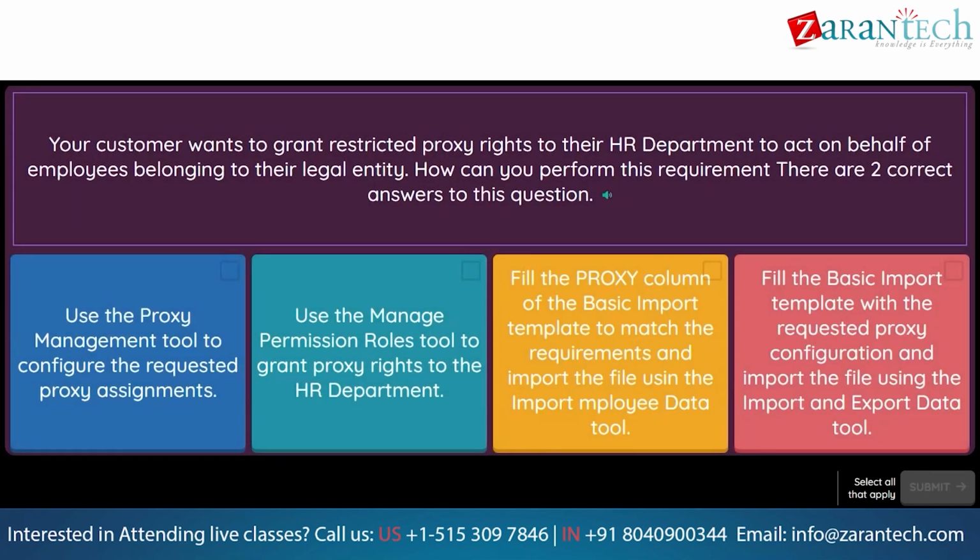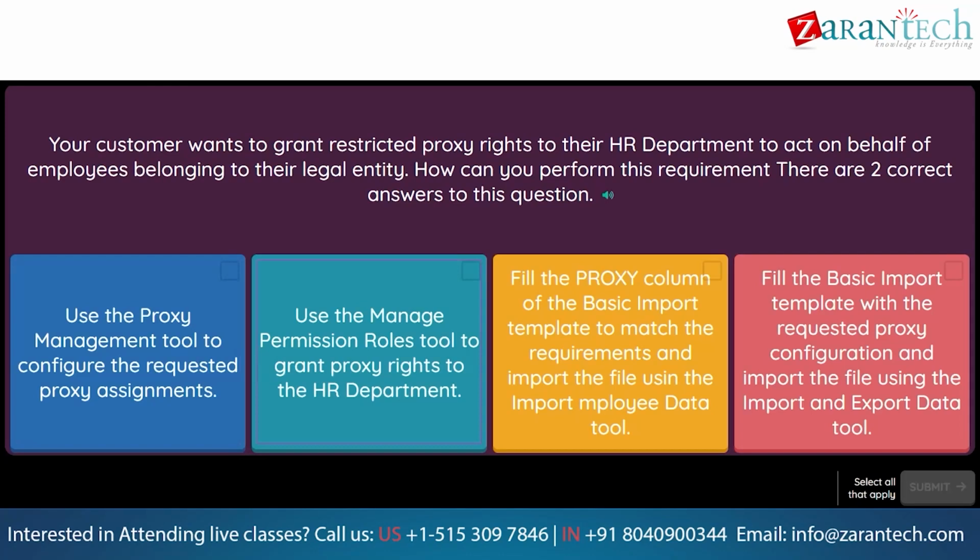Question: your customer wants to grant restricted proxy rights to their HR department to act on behalf of employees belonging to their legal entity. How can you perform this requirement? There are 2 correct answers to this question. Option 1. Use the proxy management tool to configure the requested proxy assignments. Option 2.